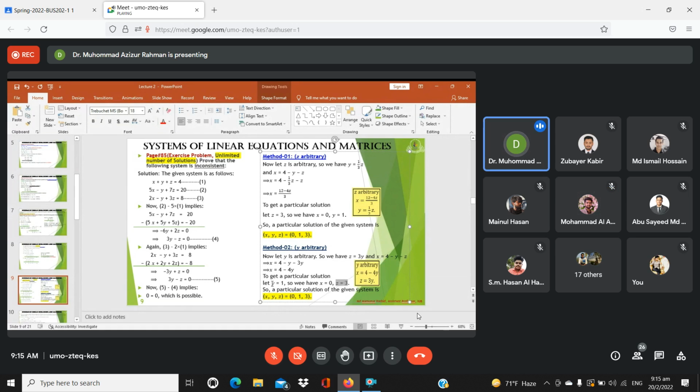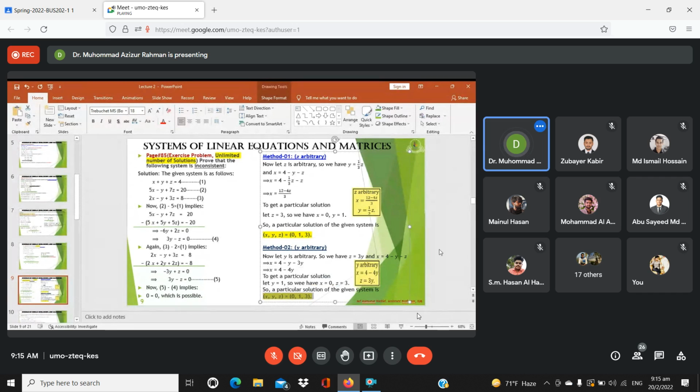So if y equals 1 and z equals 3, from here you can get the value of x equals 0. So this could be your solution: x, y, z could be 0, 1, 3.